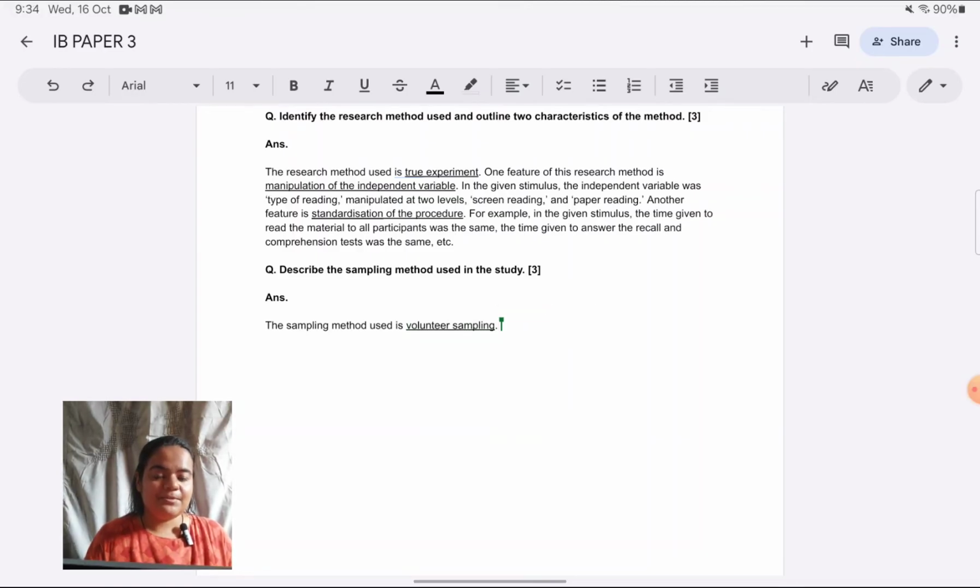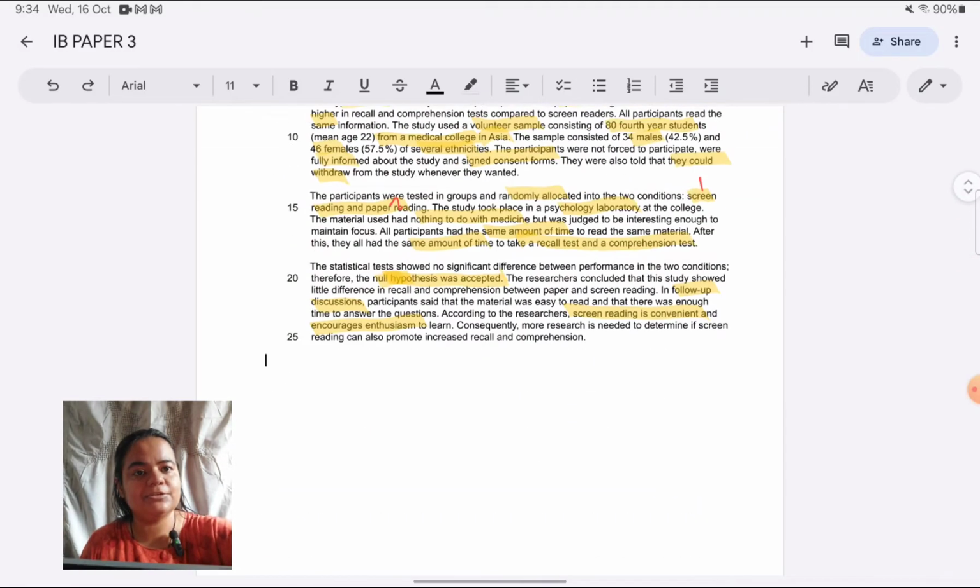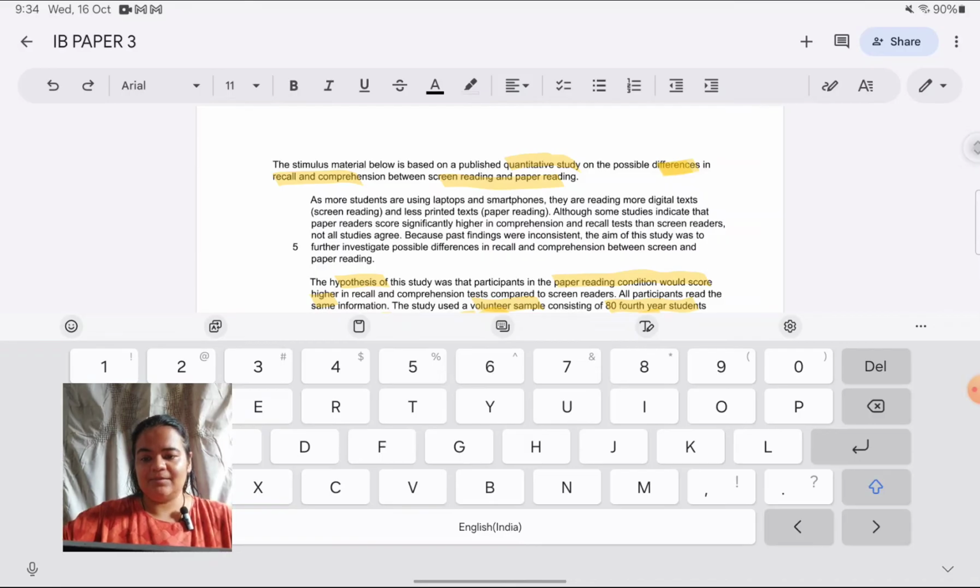One feature, as we know, of volunteer sampling, the defining feature in my opinion, is the willingness of participants to be involved in the study. So participants come forward for the study out of their own will. That's something which is very directly mentioned in the passage. Like we had seen, they have told us very directly that it was a volunteer sample.